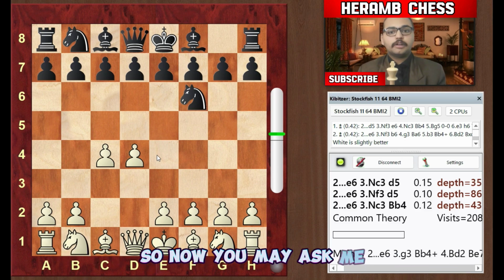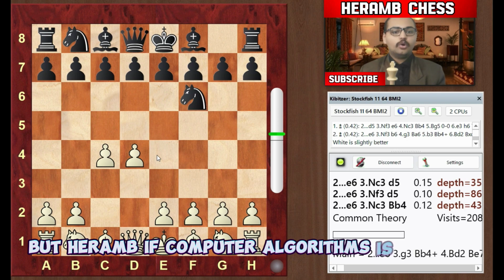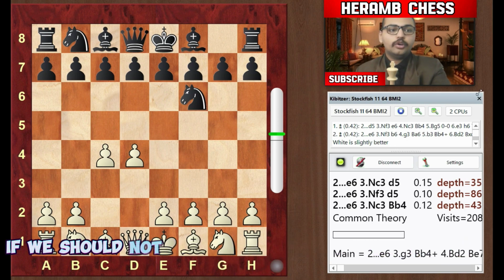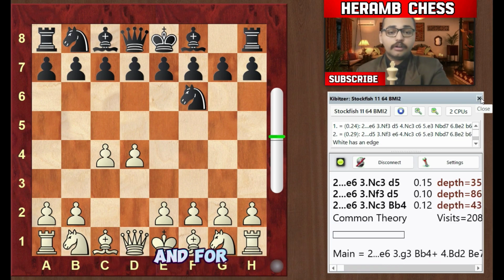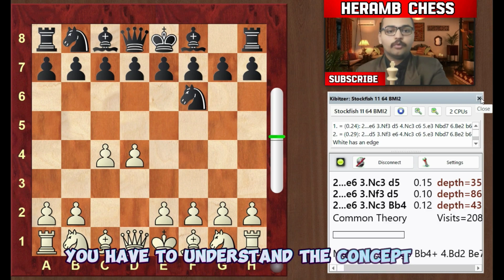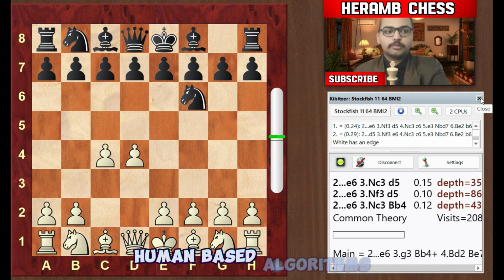So now you may ask me, but Hiram, if computer algorithms is not the solution, if we should not use the computer to find the best move, then what is the right solution? And for that reason, we have to understand the concept of human-based algorithms.